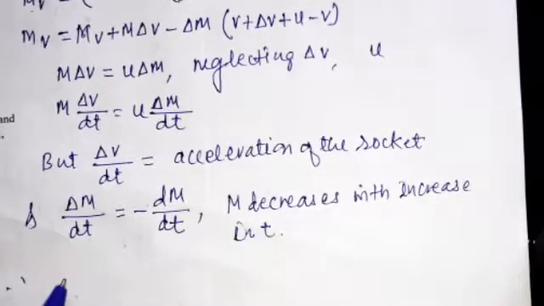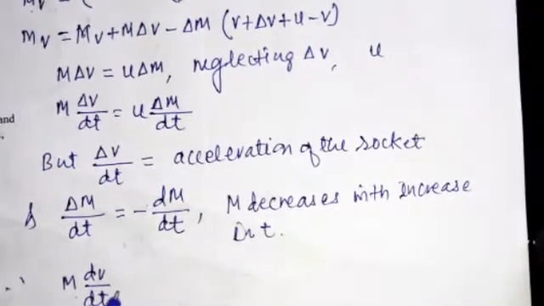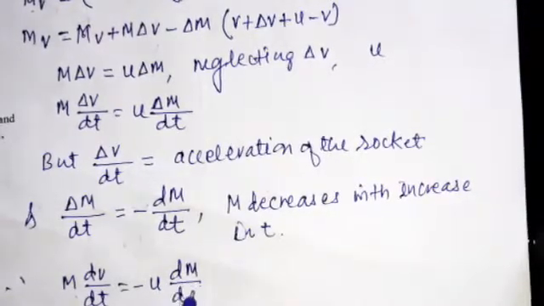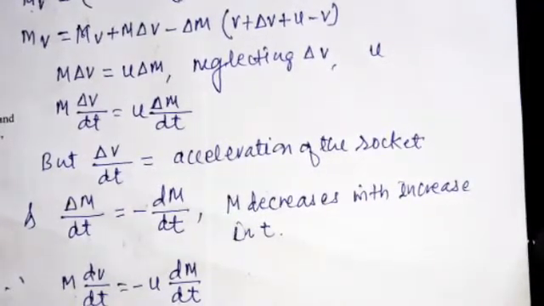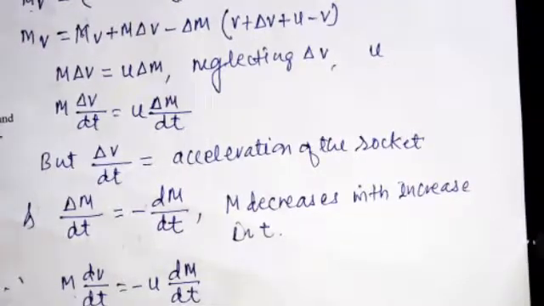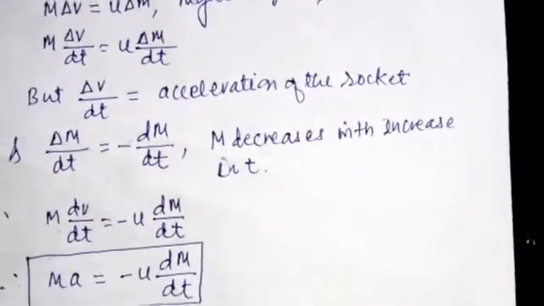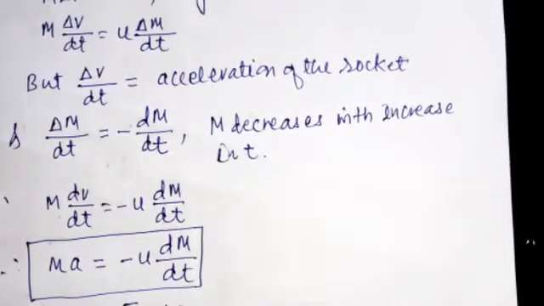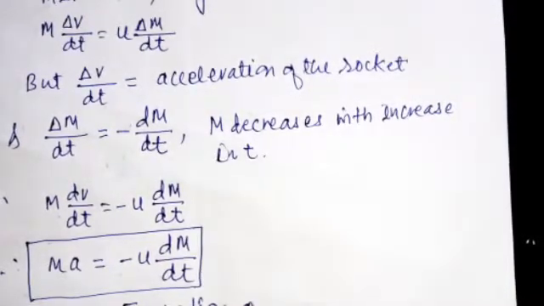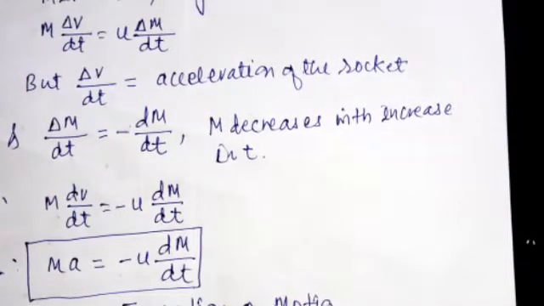So here we can write m into dv upon dt is equal to minus u dm upon dt. So we can write this dv upon dt, which is nothing but acceleration, is equal to minus u dm upon dt. This equation is called the equation of motion of rocket.